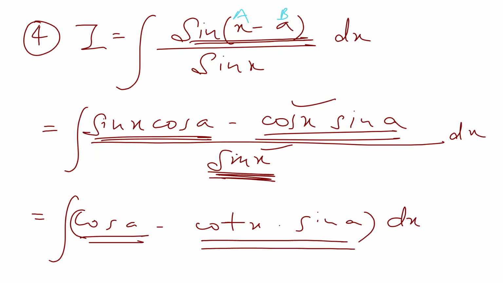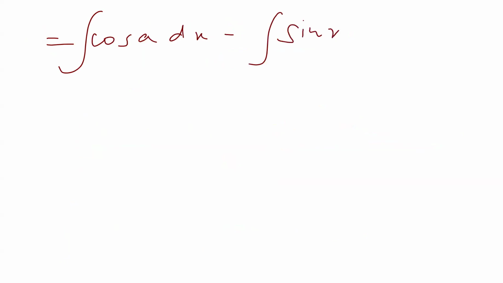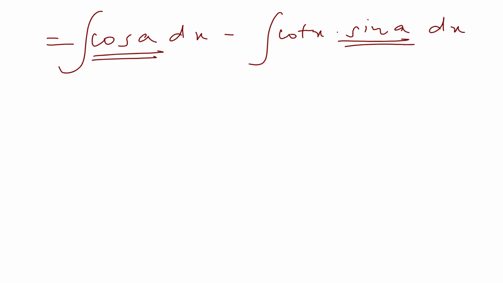So when you do individual integration, cos a and sin a will go outside. Okay, I'll just better write it down. Cos a dx minus cot x sin a dx. So these constant terms go outside.